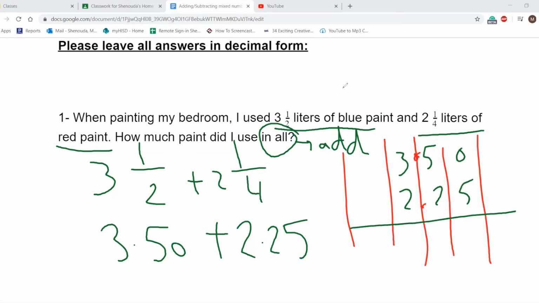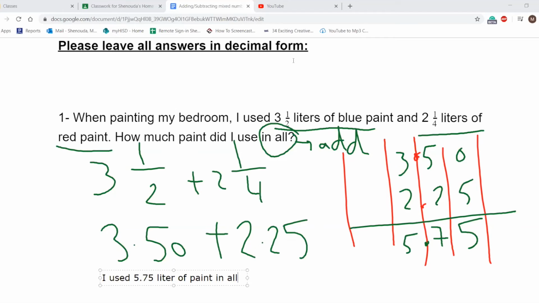Now I can add. 5 plus 0 is 5. 5 plus 2 is 7. Decimal point comes all the way down. 3 plus 2 is 5. The answer in a full sentence would be, I used 5 and 75 hundredths liters of paint in all.